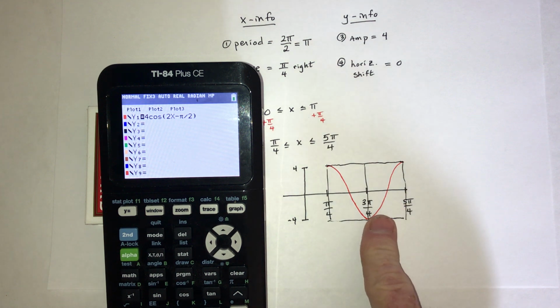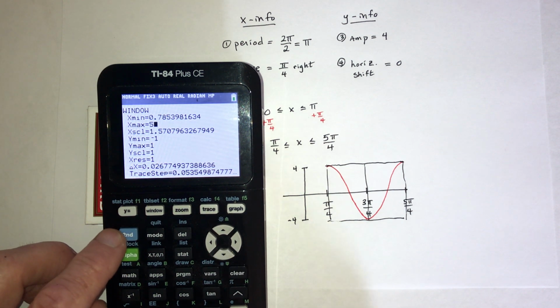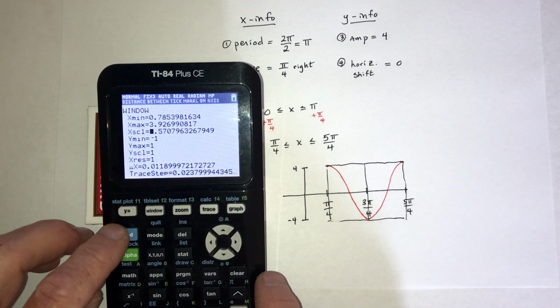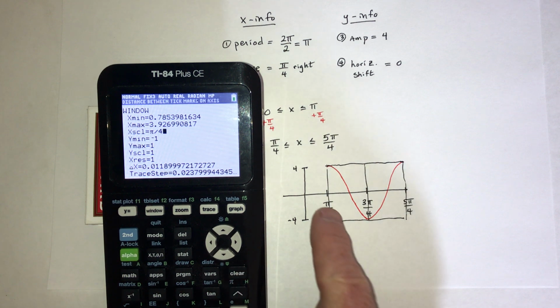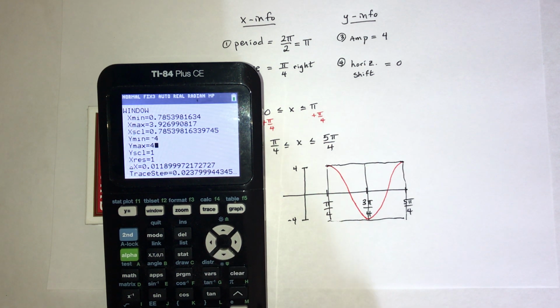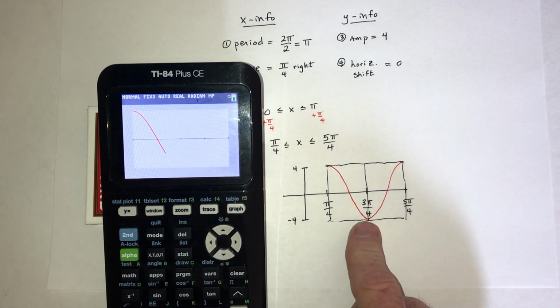And then make the window look just like this. So from pi divided by 4 to 5 pi divided by 4. And I'm going to make this pi over 4s, so it's going to go over by 1/4 pi each time. And then -4 to +4, and the graph looks just like mine. Good job, calculator. You're rocking it. Way to go, buddy.